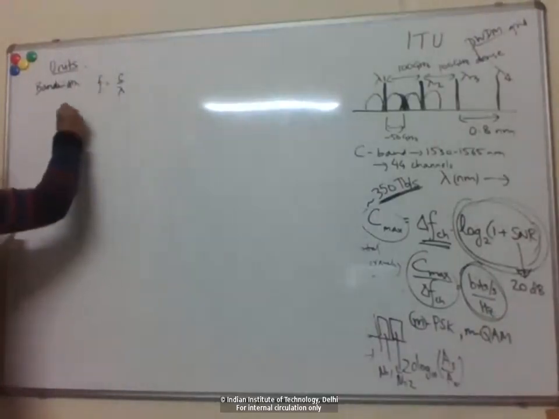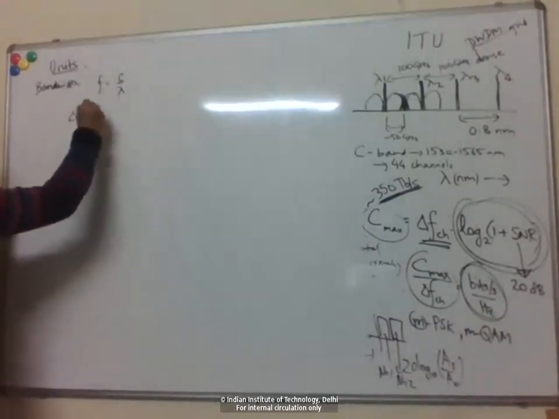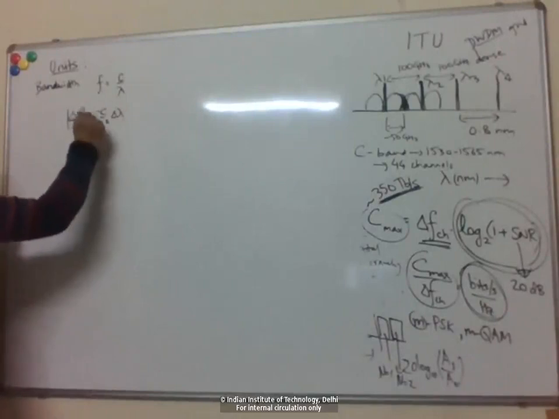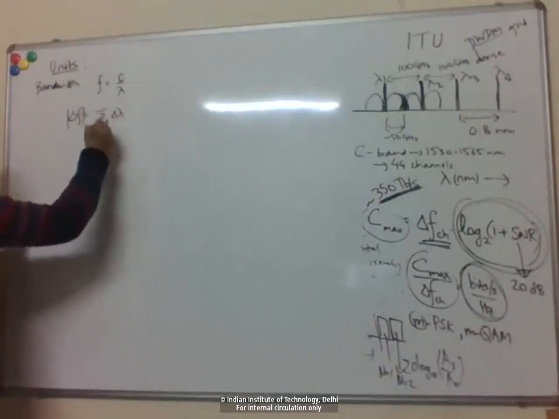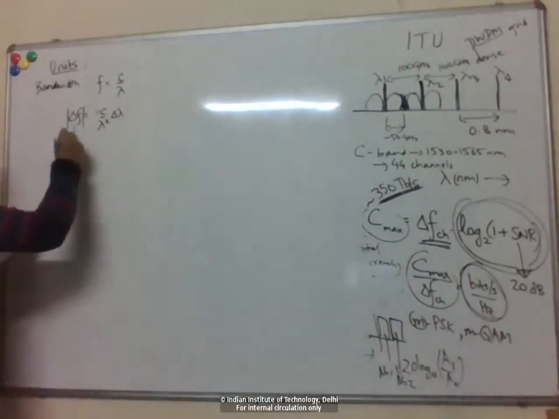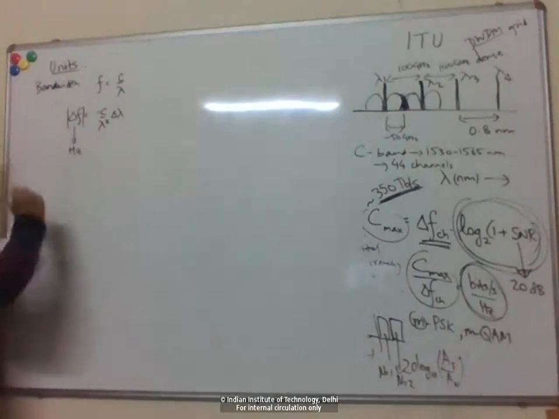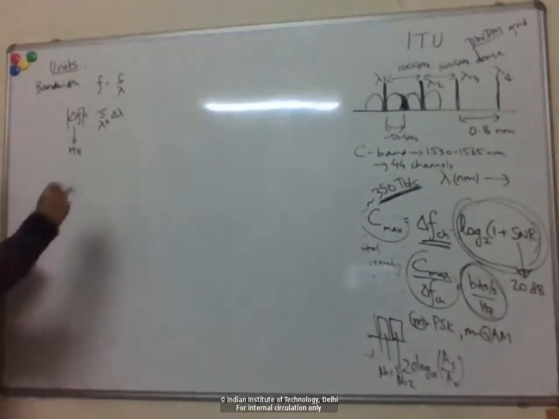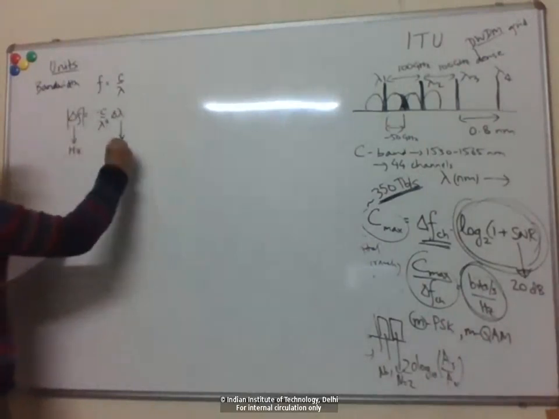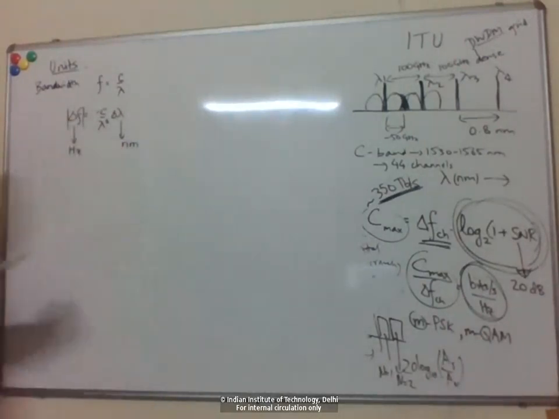So if you take the derivative on both sides, then, right, and so if I look at the magnitude, this will be like that, right? So the bandwidth in frequency which you are used to, hertz, is related to the bandwidth in wavelength units here, which is typically measured in nanometers.